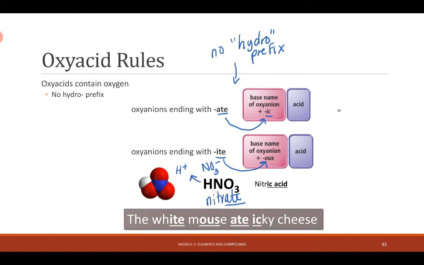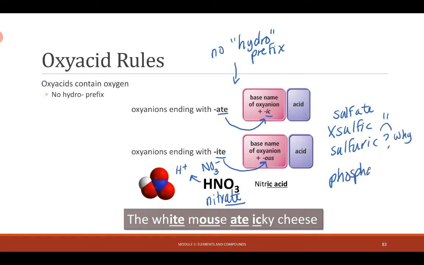Now, there are some exceptions to this. So like sulfate does not become sulfic. Instead, it becomes sulfuric. Why? I don't know. And similarly with phosphate, phosphate is PO4 with a 3- charge.